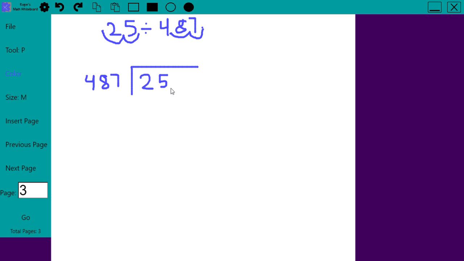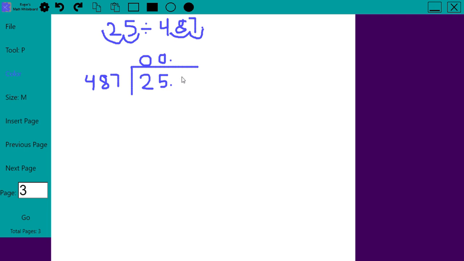Alright, for this problem I'm probably going to solve to the hundredths or the thousandths place. We'll see how it goes. Off the bat, 487 can't go into 2, and 487 can't go into 25. So I need to add a decimal so I can add more zeros to make this number larger.